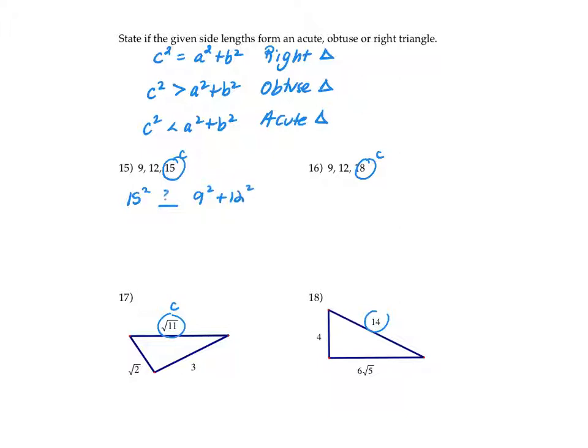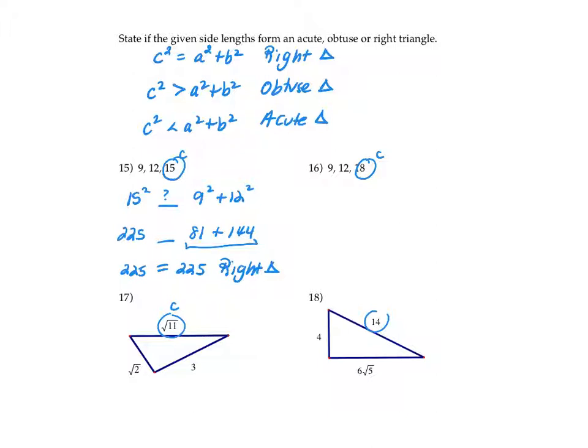You can put a question mark here, or you can leave it blank. 15 squared is 225, 9 squared is 81, 12 squared is 144. And so if we add the 81 and the 144 together, notice that we end up with 225. So 225 is exactly equal to 225. That means our triangle is a right triangle.